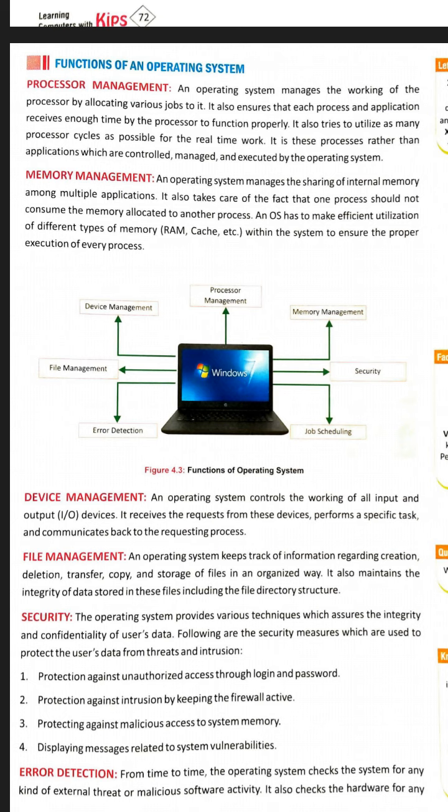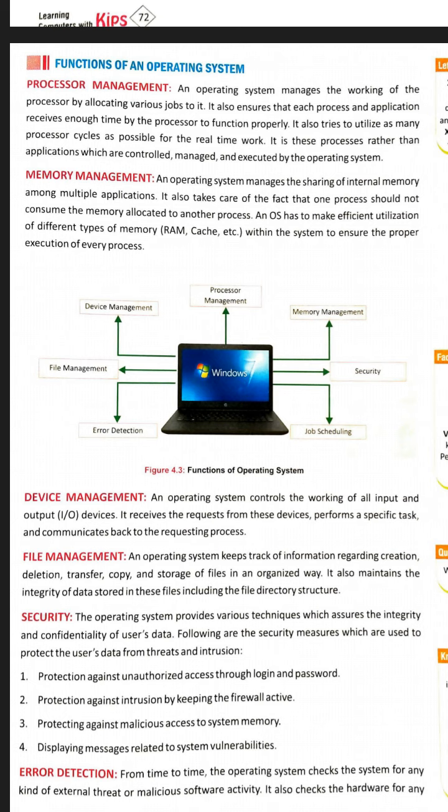It is also known as the processor, the central processing unit, and the processor is managed by the operating system. The second function is memory management, like the RAM and cache, deciding how much space to give to which application. Everything is controlled by the operating system.